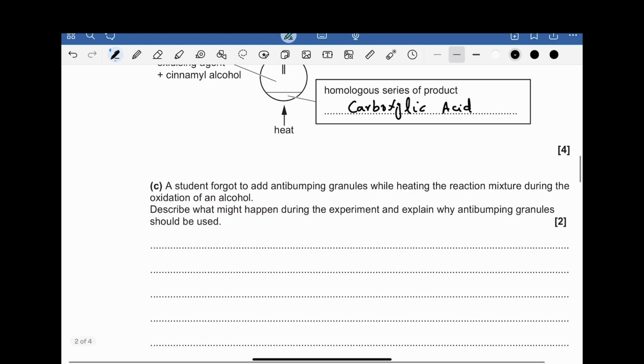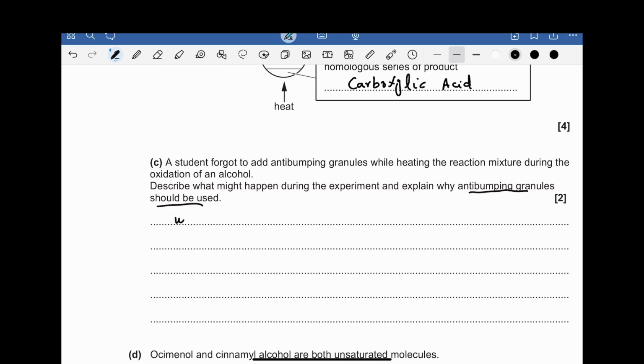A student forgot to add anti-bumping granules while heating the reaction mixture during the oxidation of an alcohol. Describe what happens during the experiment and explain why anti-bumping granules should be used. Without granules, the mixture may bump violently.